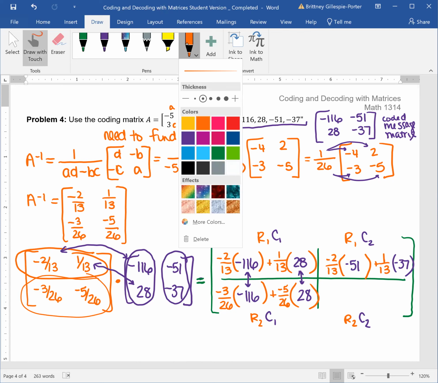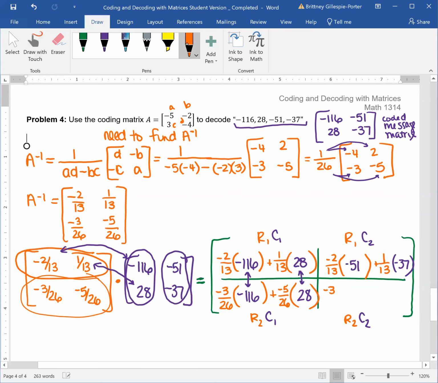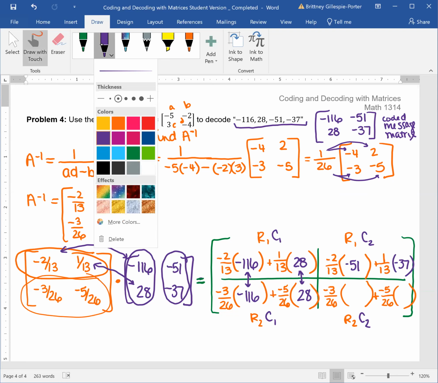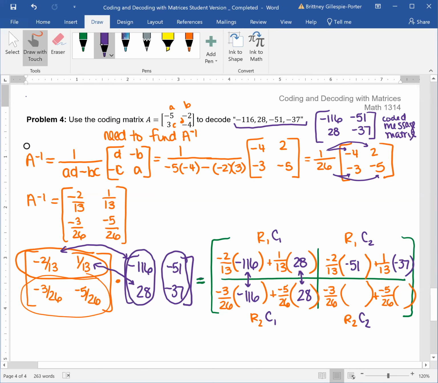And then we need to do row 2 times column 2. And -3 over 26 pops up again, times something, plus -5 over 26 times the something, which means we're going to have -5 over 26 times -51 and -5 over 26 times -37.